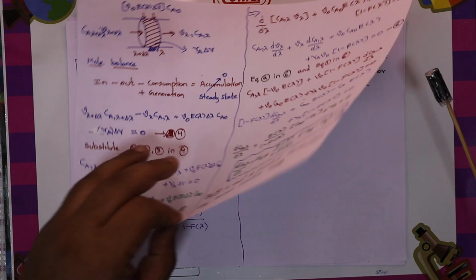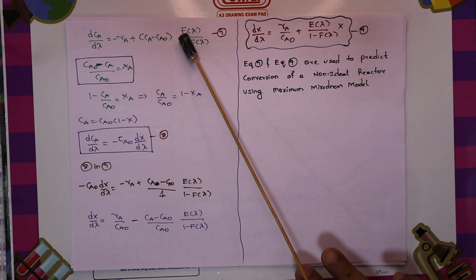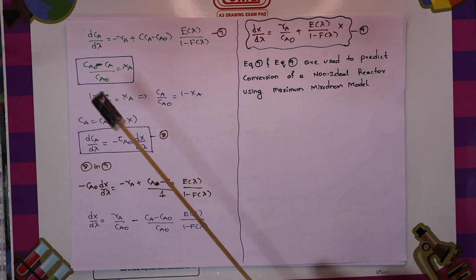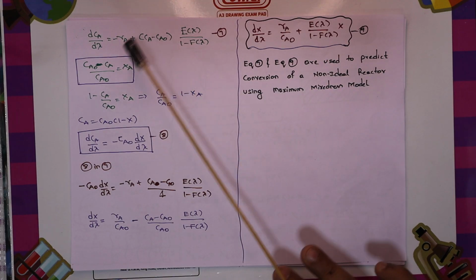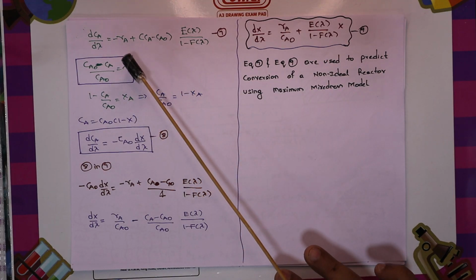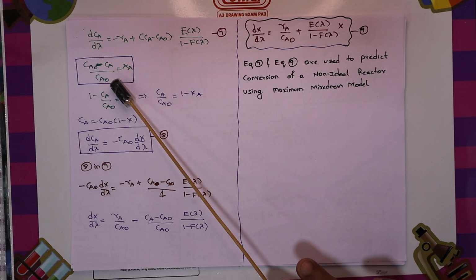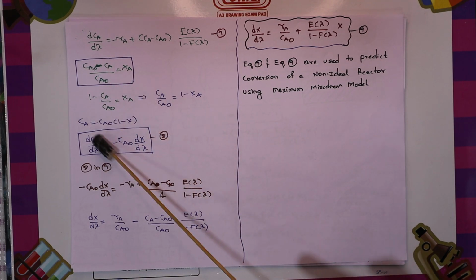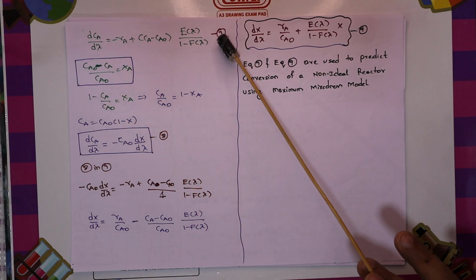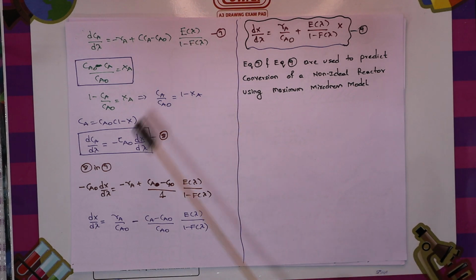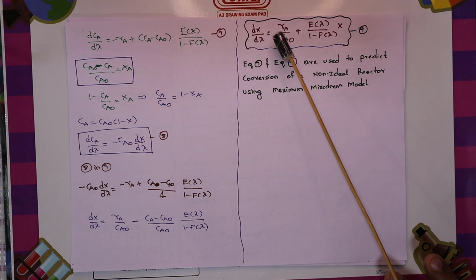Earlier this equation was in terms of concentration; let us convert it in terms of conversion. You can simply convert it using the principle that conversion of A is nothing but initial concentration minus final concentration divided by initial concentration. If you substitute this in the differential equation, finally you get this in terms of concentration and this in terms of conversion.